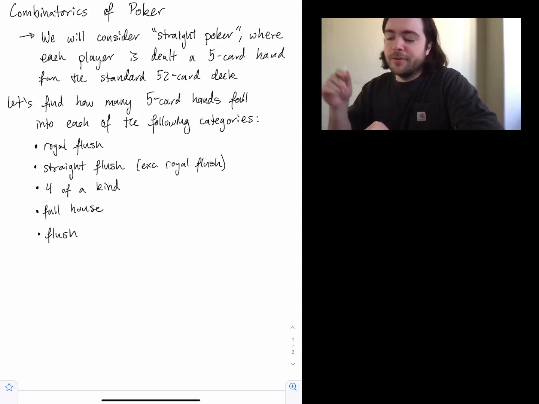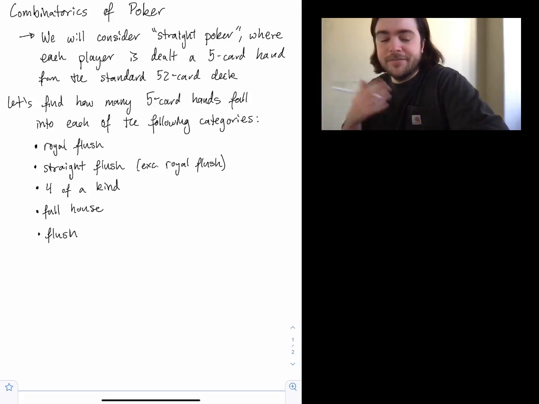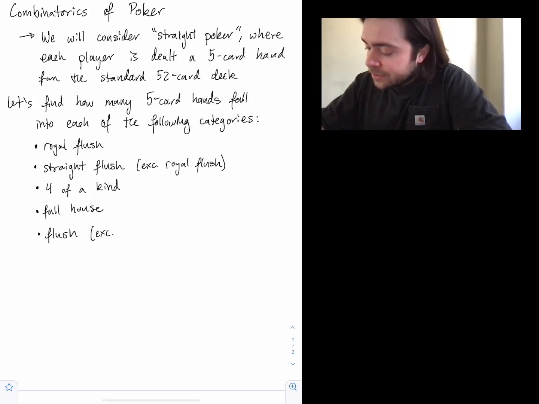Okay, so like 2, 3, 4, 5, 6. Right? If you had those 5 value cards all of the same suit, that would be a straight flush, but you could have a flush that's not a straight. Right? That would be just 5 cards of the same suit that aren't sequential. Okay, so I'll write here, this is excluding the royal flush and the straight flush. So all of these excluding things, it's just what I said before.